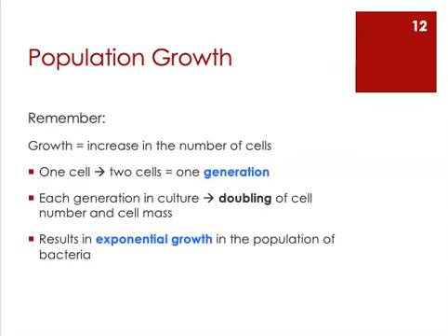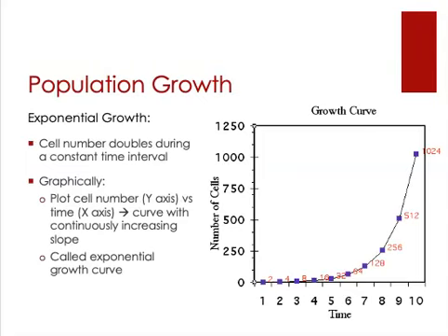As we watch these parent cells divide in culture, we can see exponential growth occurring over time. So let's take a minute and look at that graphically. Over here on the right-hand side of the slide, we can see what we refer to as a growth curve for a culture of bacteria. And again, it's an exponential type of growth because it has this very classic looking shape to the data line.